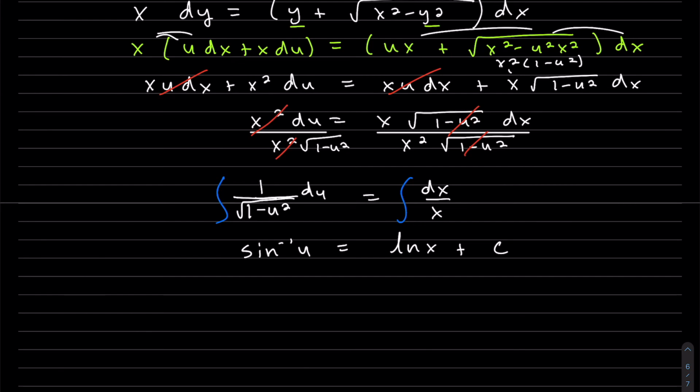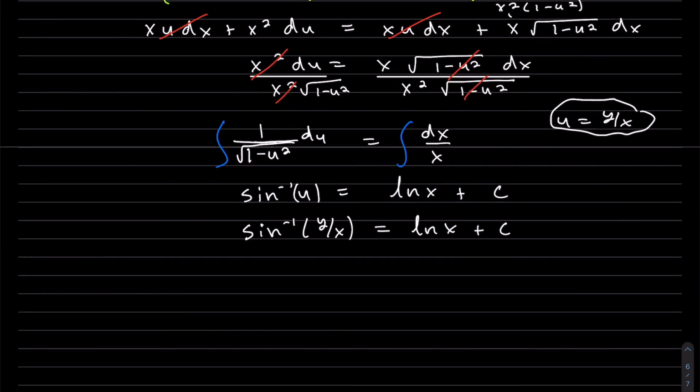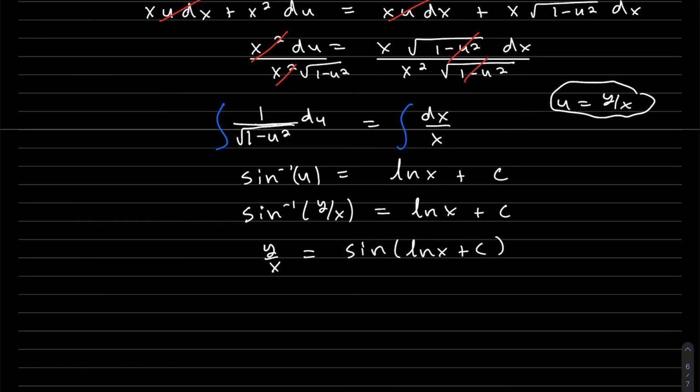Back substitute. U is y over x, let's recall. Maybe take the sine of both sides. And we have our general solution at any point of these.